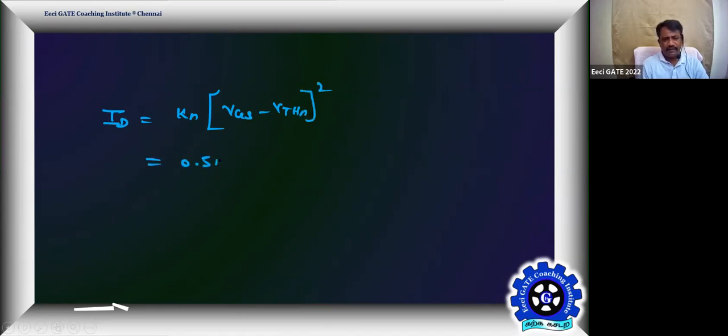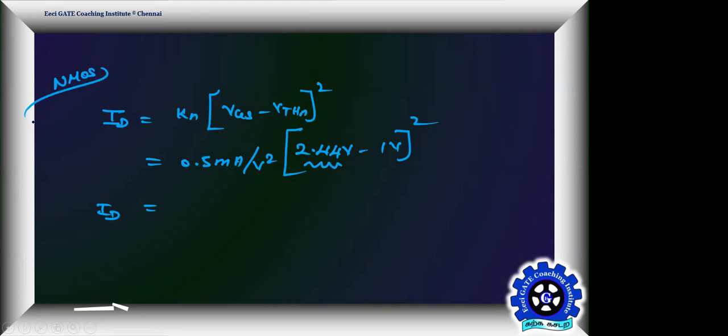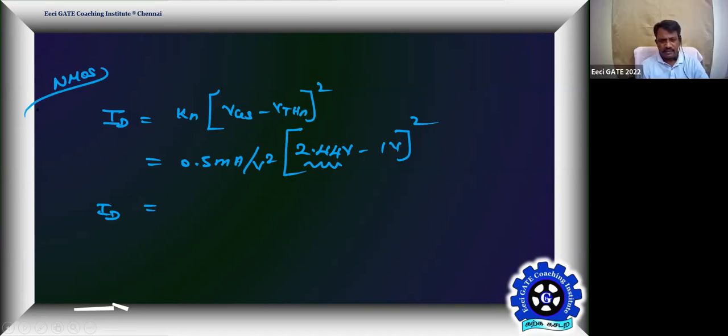Kn is 0.5 milliamps per volt square, and VGS we calculated 2.44 volts minus threshold known 1 volt, the whole square. Tell me what you're getting now. Both the answers should match. Otherwise, you have to make this more accurate. If there is a mismatch, this is the NMOS way of getting the current. At least it is close to it.